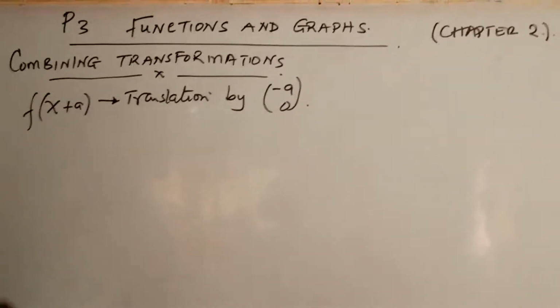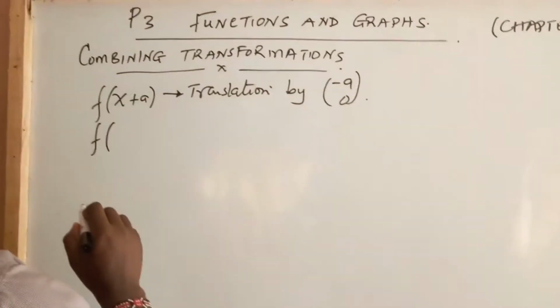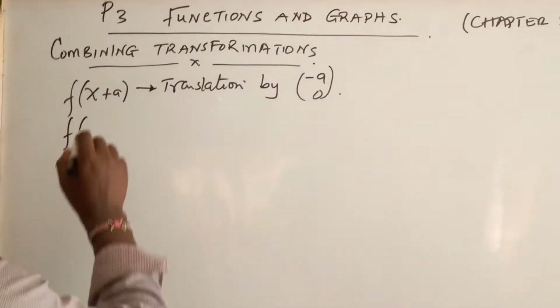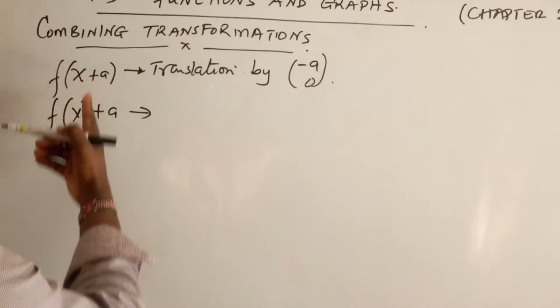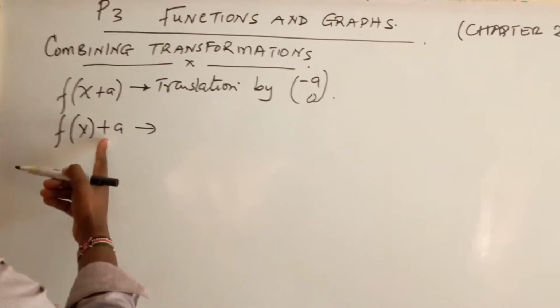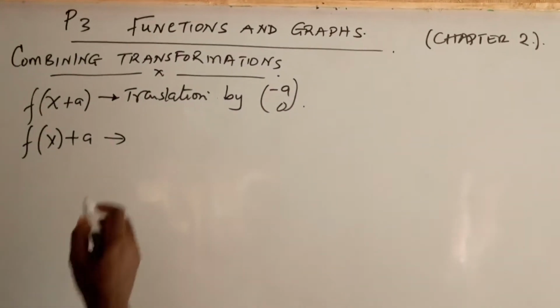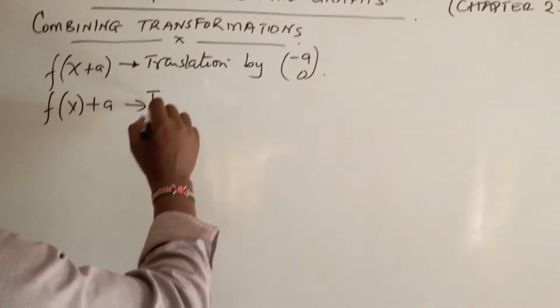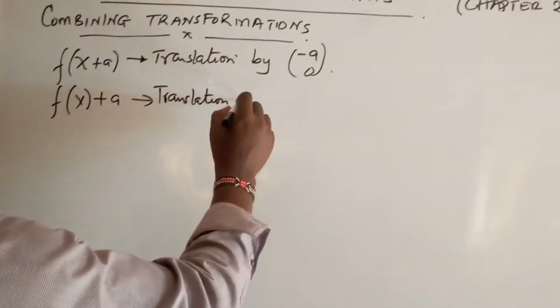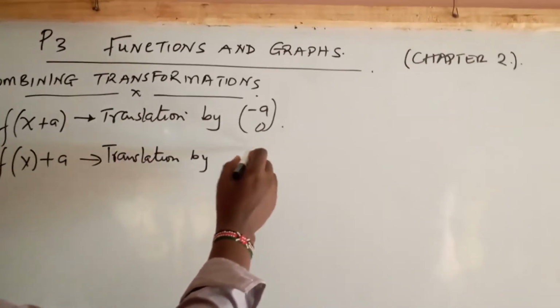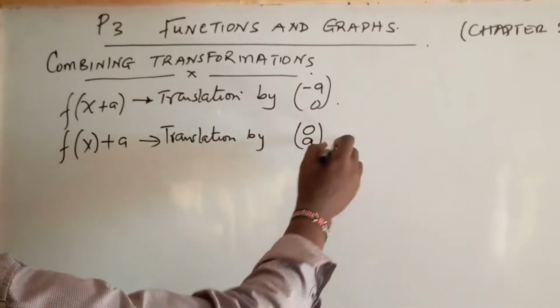If you have a transformation of the nature f of x plus a, you can see there's a bracket here. A is inside the bracket, and here a is outside the bracket. This is a translation by a vector 0, a.